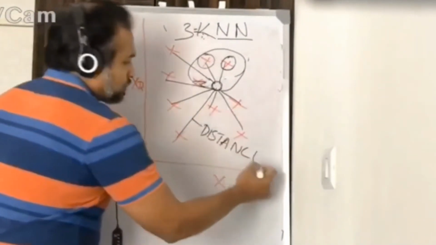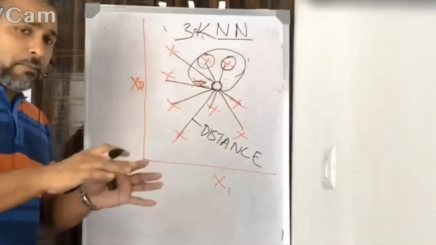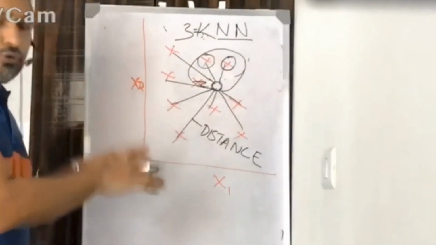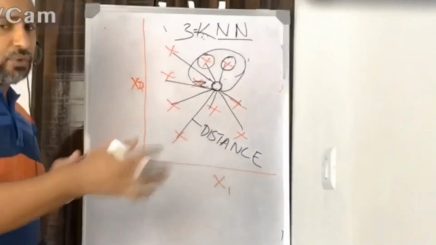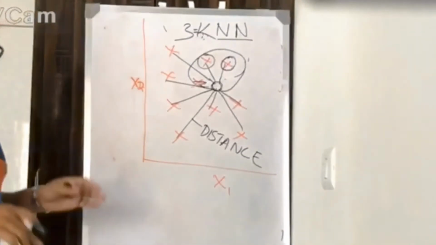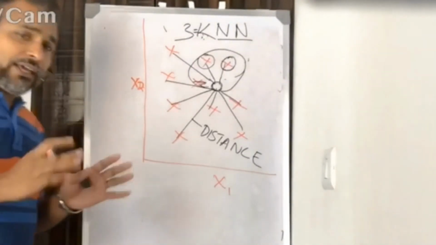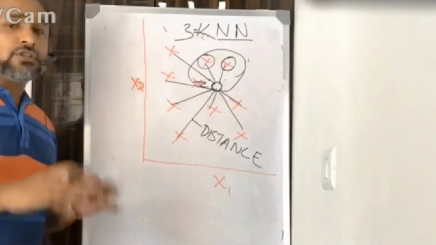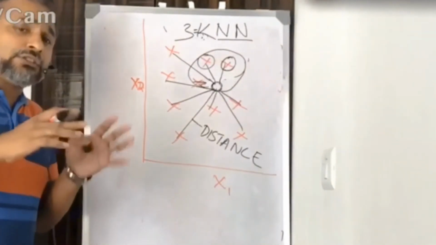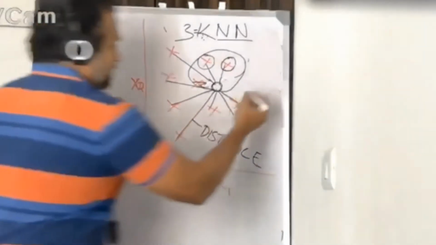Calculation of distance is the fundamental, basic step you need in this algorithm to find out which one is near and which one is far. As I told you, this becomes really computationally expensive when you have millions of data points. So to reduce the cost, we introduce another concept called a tree.